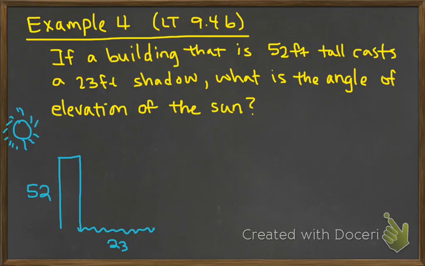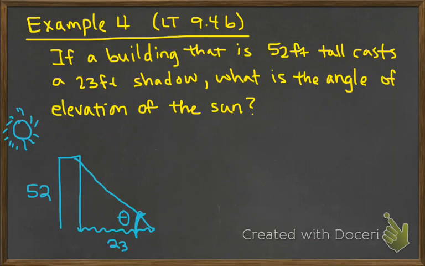So always make sure that you have your sun in the right spot, because it wants to know the angle of elevation to the sun. Remember, angle of elevation means it's from the horizontal and up. So I'm starting at the tip of the shadow and going up to the sun. It wants to know what this angle formed down here at the bottom is. So that's where my theta is going to go.